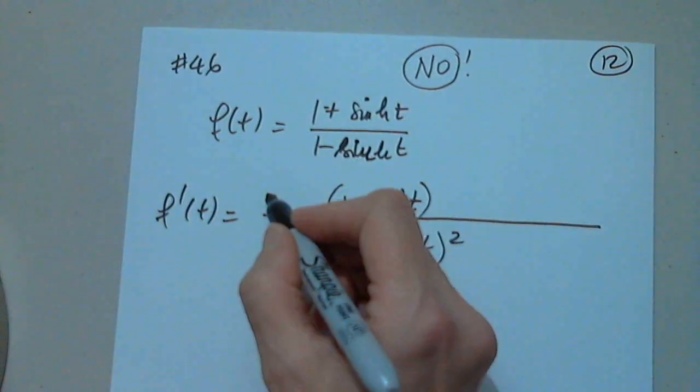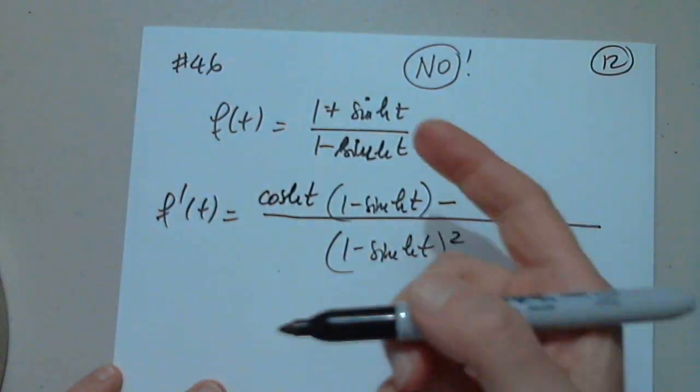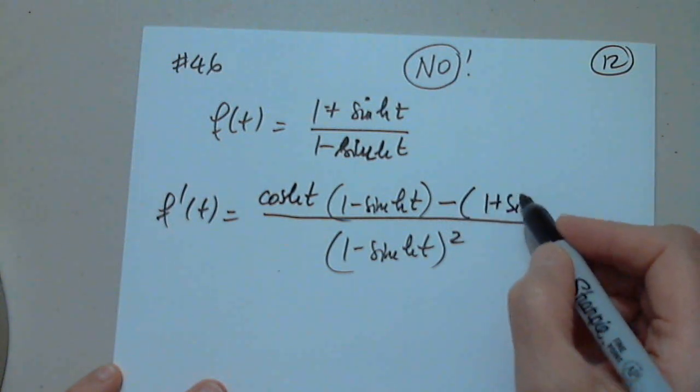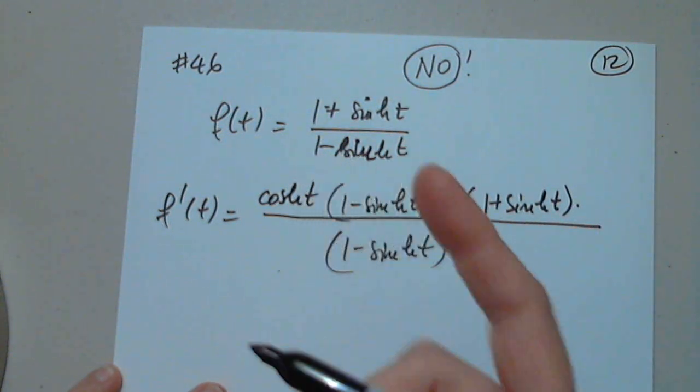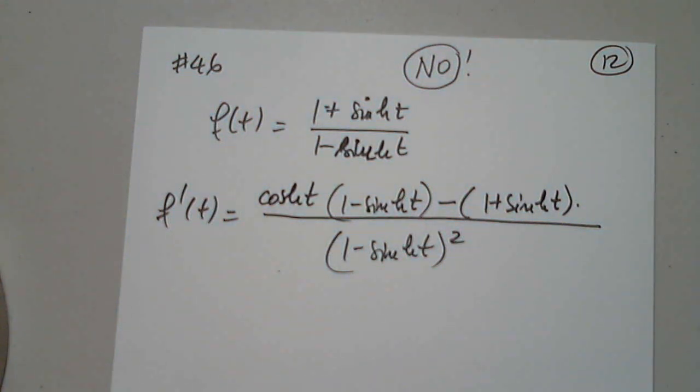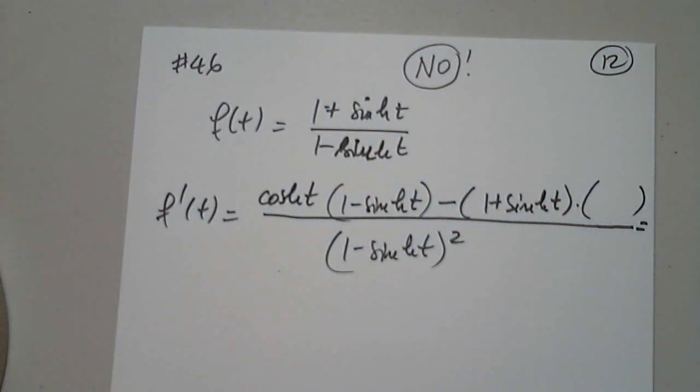Hyperbolic cosine t. Perfect. Minus, I copy the top, times, I differentiate the denominator. What do I get when I differentiate the denominator? Negative hyperbolic cosine. Yes, awesome, thank you very much.